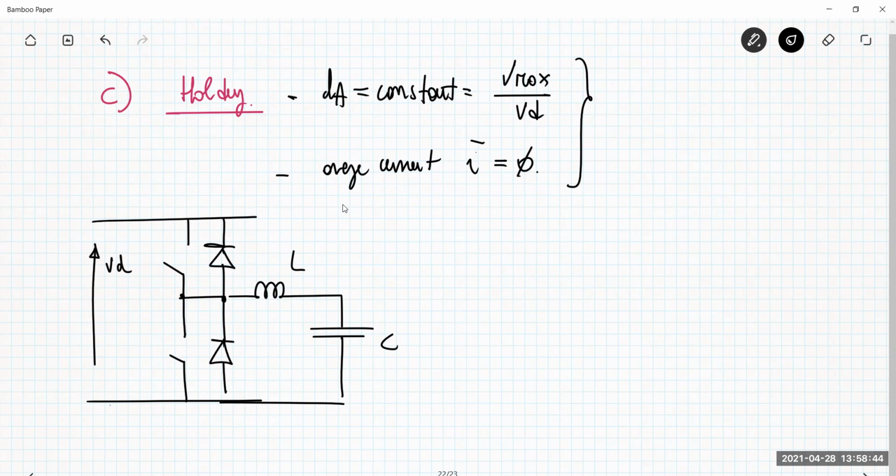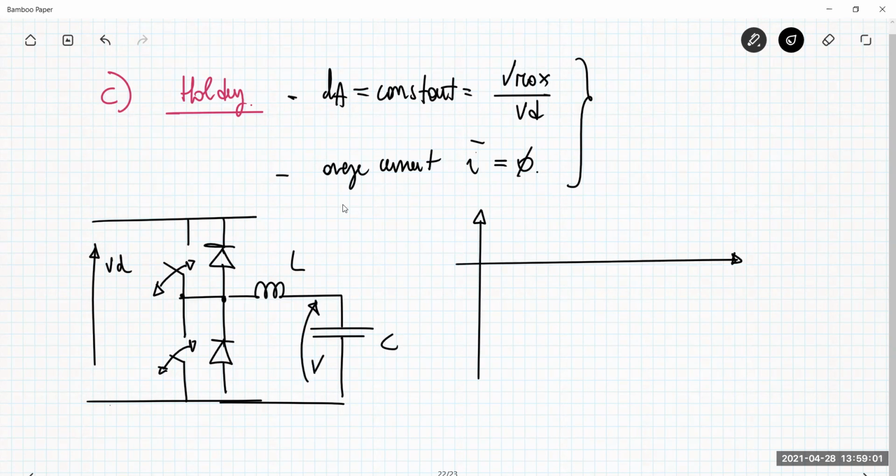The duty cycle is constant, meaning that you have a switching function commanding, say, the operation in a complementary way of these two switches, TA plus and TA minus. For example, you have this situation. The voltage V is a voltage which is constant.